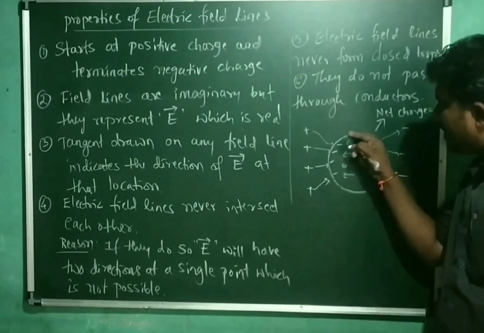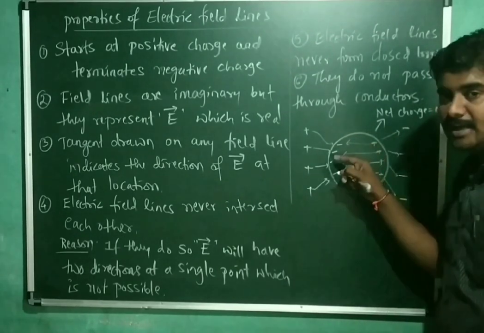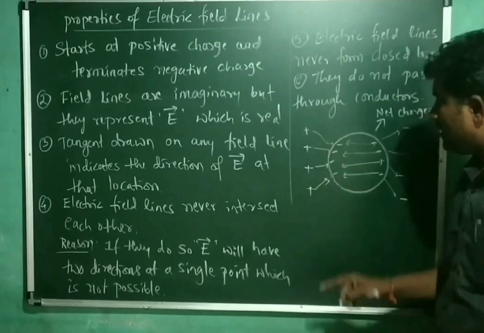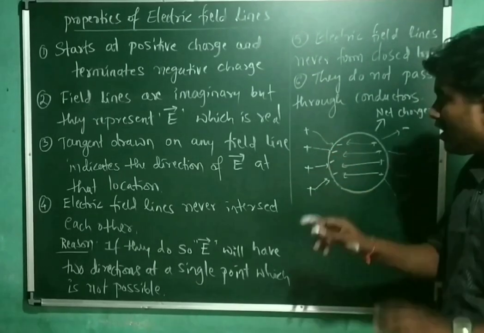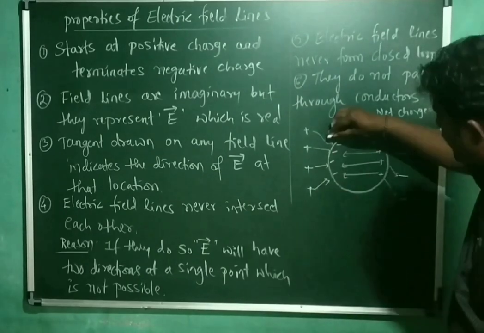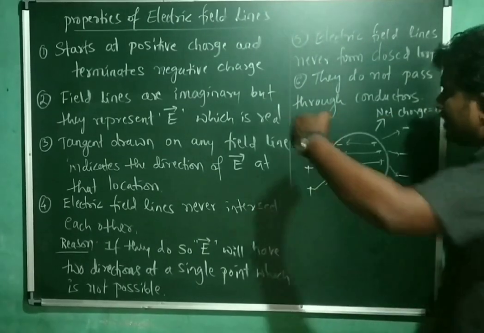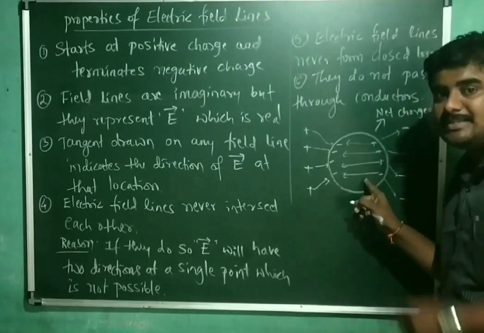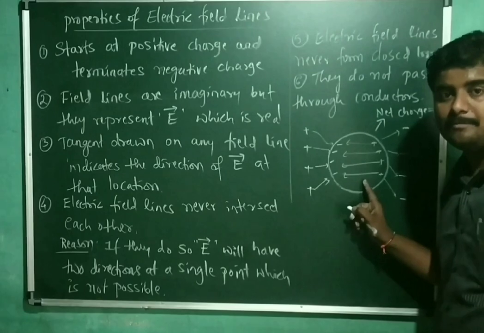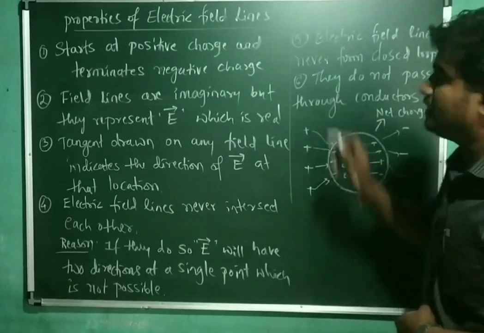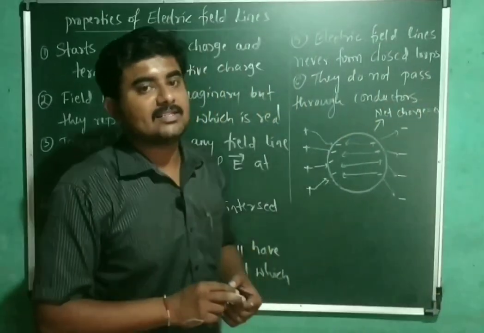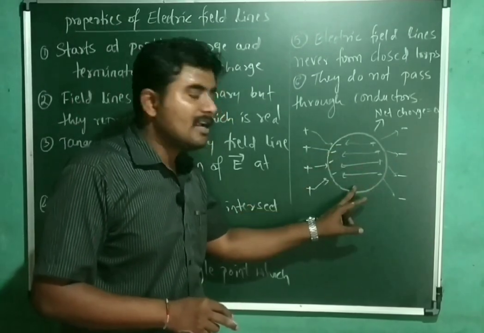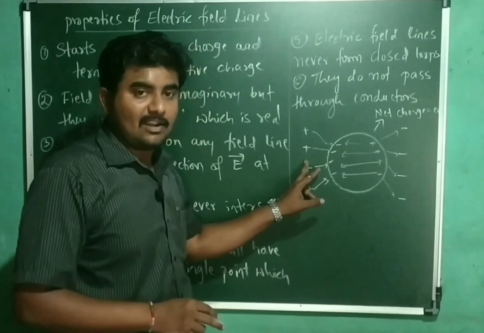This way the electric field created inside the conductor cancels the external electric field. Therefore these electric field lines never pass through the conductor. They can come till here, but inside they cannot enter, since the electric field is set up inside the conductor. So this is the very important sixth property: electric field lines never pass through a conductor, because the electric field created inside the conductor cancels the external electric field.